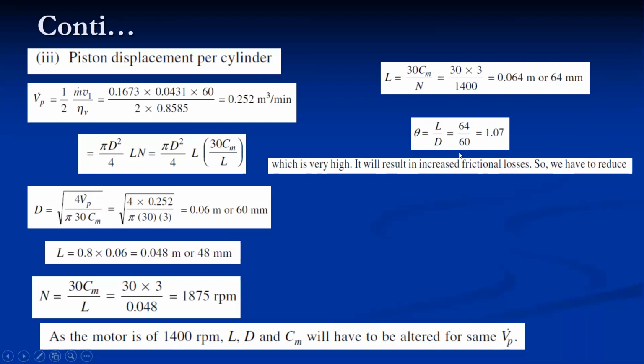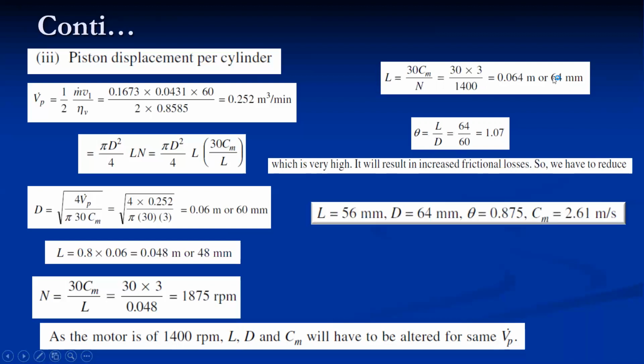So we take a golden mean, that is the averaging of these. 64 plus 48 by 2 gives 56, and the corresponding diameter we also average, that is 64. From the L by D ratio we can calculate the diameter. Then theta also we can modify, and piston speed is also slightly modified, because initially we assumed the piston speed. So all these 3 dimensions are altered based on the given information.